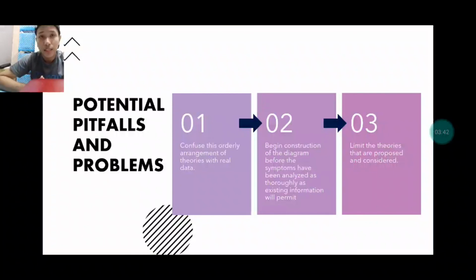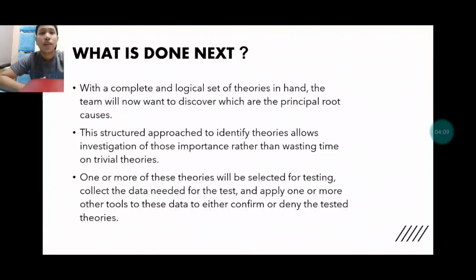Last but not least, you limit the theories that are proposed and considered. You shouldn't do this, although you have to prioritize the potential data. You don't have to limit the theories because you may lose the important one in the CE diagram.